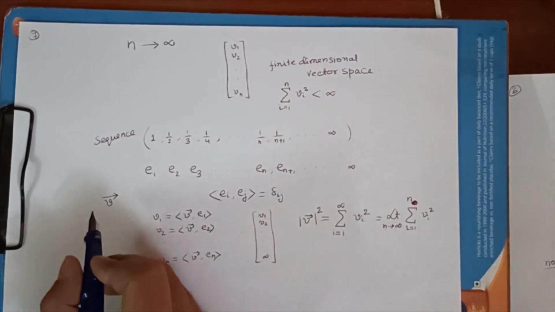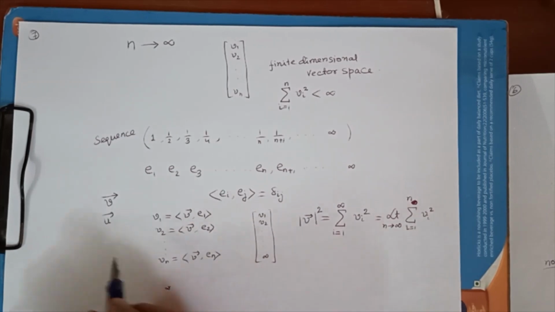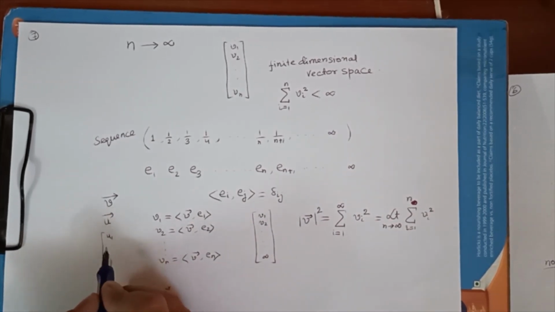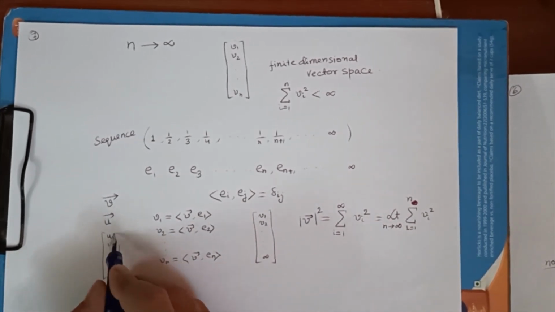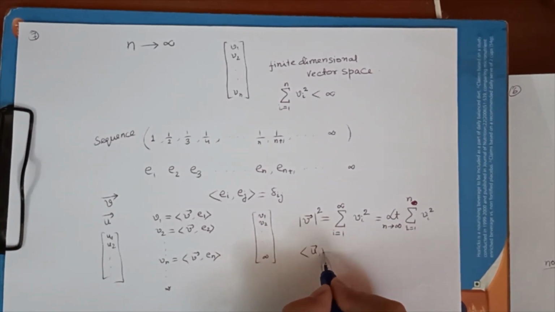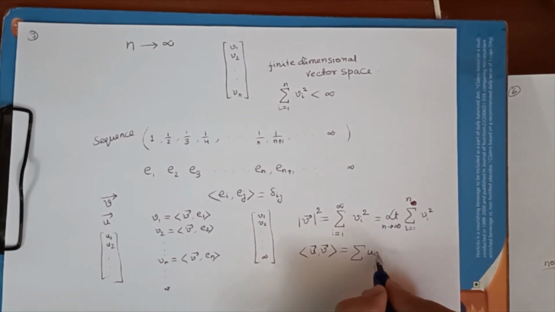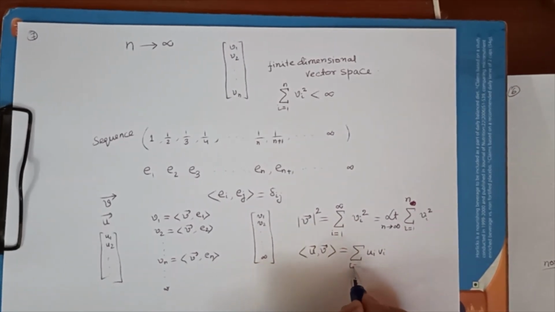Similarly, for inner product, you can get another infinite dimensional vector with a corresponding representation as u1, u2, to infinity. You can compute the inner product between u and v, and you will come across another infinite sum, ui vi, i equal to 1 to infinity.